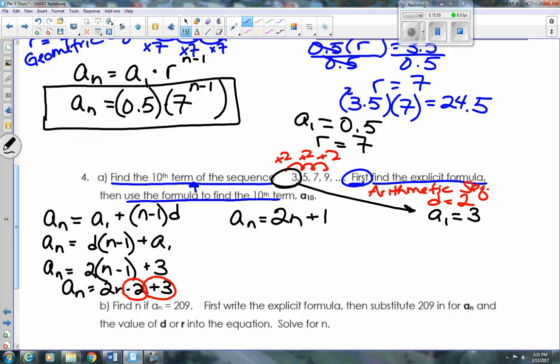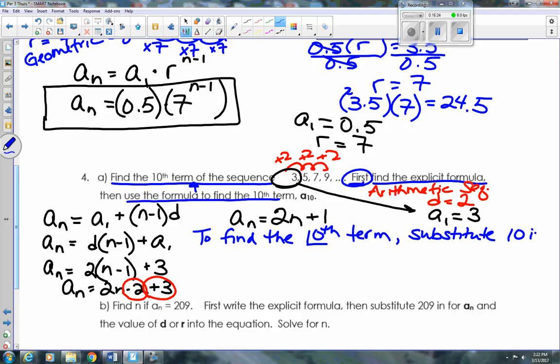Now we're going to use that to find the 10th term. If we're finding the 10th term, then that means n is equal to 10. So I want to substitute 10 in for n.